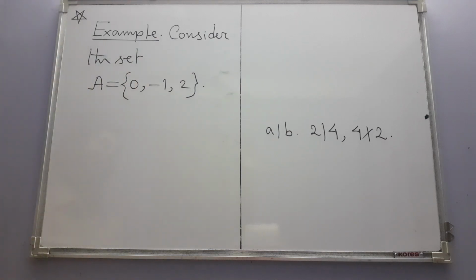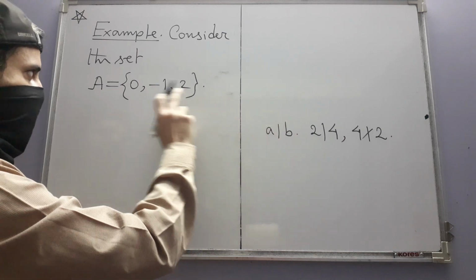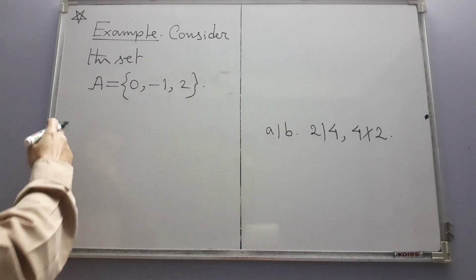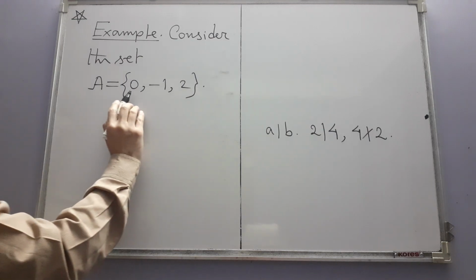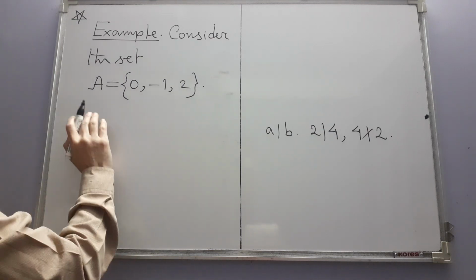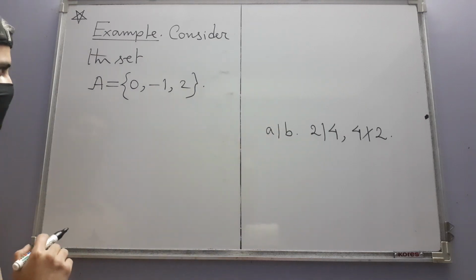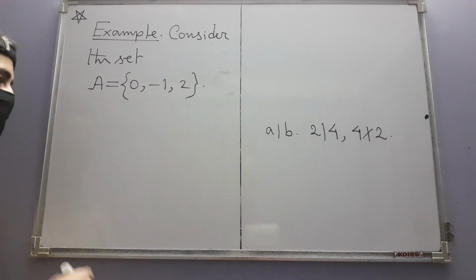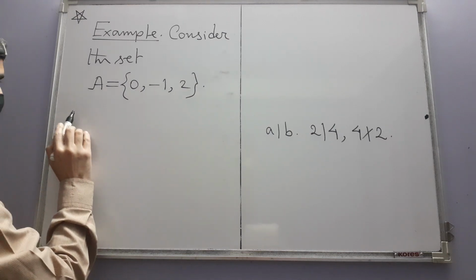Okay, so if we now imagine this relation but on the elements of this set, then what are the pairs of integers we are going to get? 0 doesn't divide anything, so 0 cannot be the first element of this relation. What about -1? -1 divides everything, just like 1. Everything means every integer.